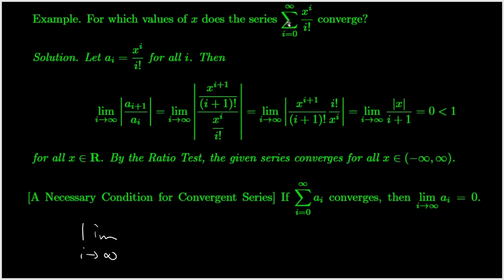You look at that series. We have seen the series is convergent for any value of x, right? And then we take every term, the limit of x to the power of i, and the denominator is i factorial. When i gets larger and larger, when i goes to infinity, this limit is equal to 0.